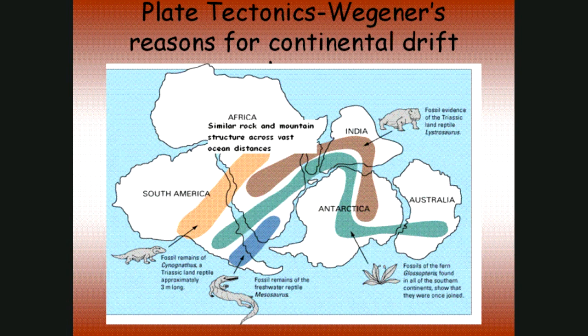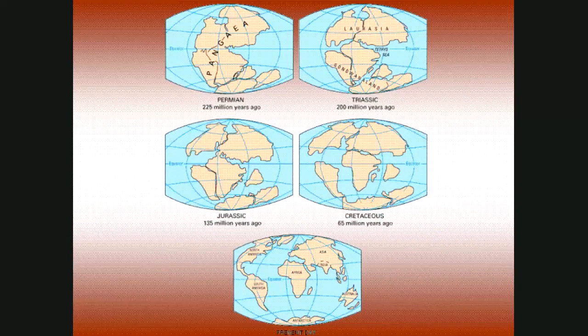Well, before I get into that, I just real quickly want you to look at this. This is basically a dramatization of what happened for 225 million years. Continents broke apart, moved to new positions, and they continue to move today.